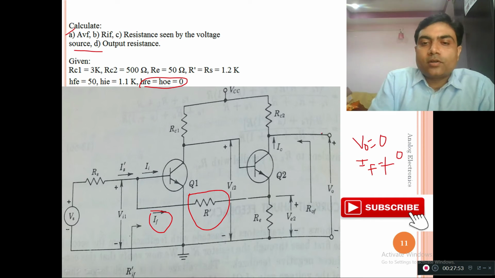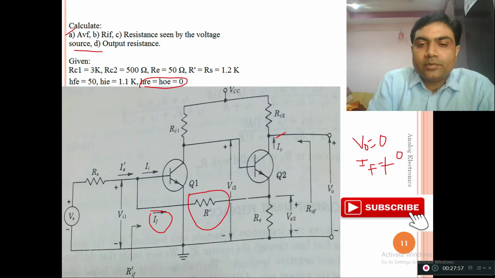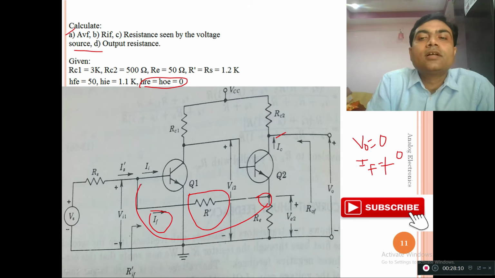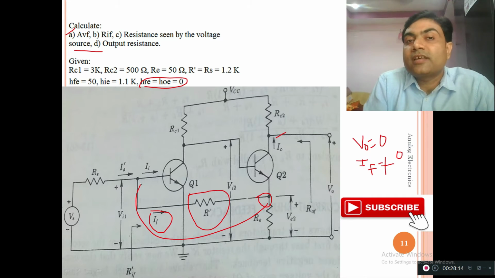Why? Because I am taking the output from this terminal and I am taking the feedback from the lower part of the transistor, that is here. So if I make V naught equal to 0, that is not going to affect the feedback from here to here. So what kind of sampling is this? This is again current sampling.